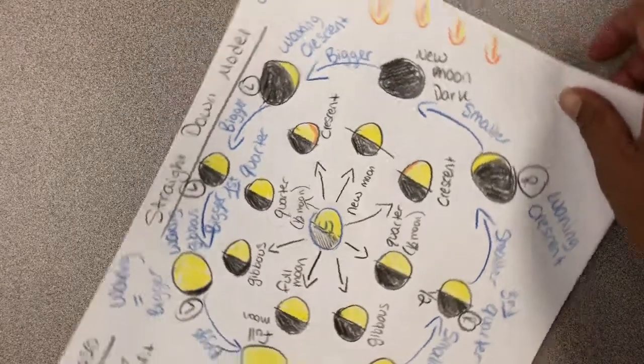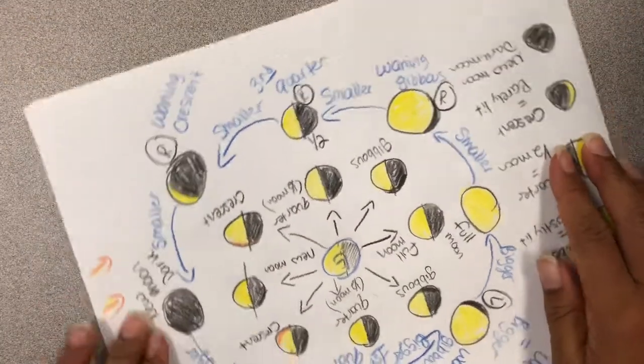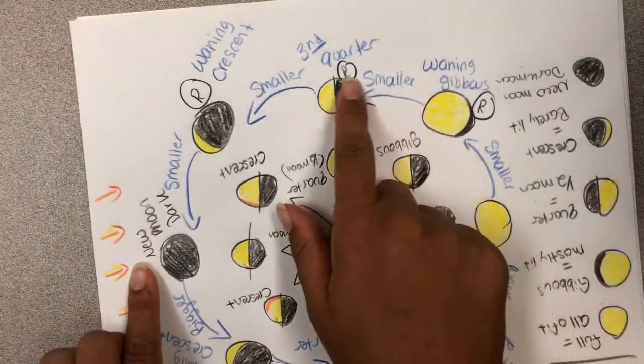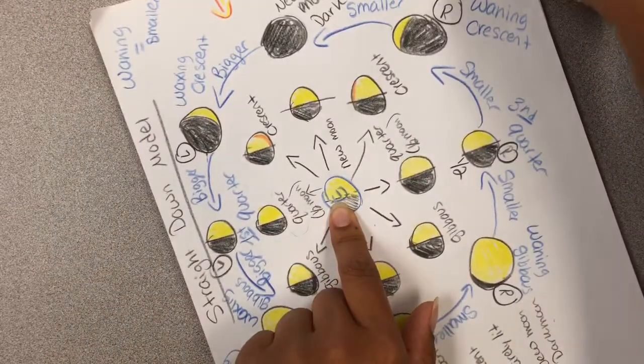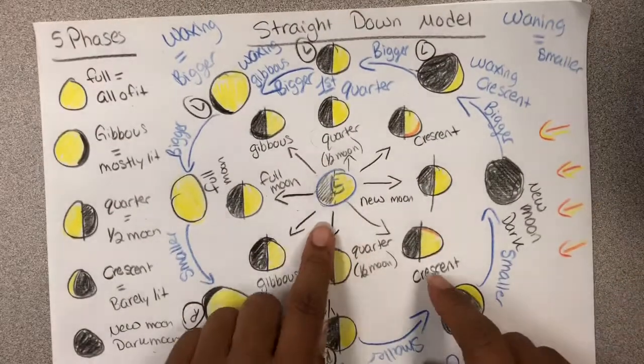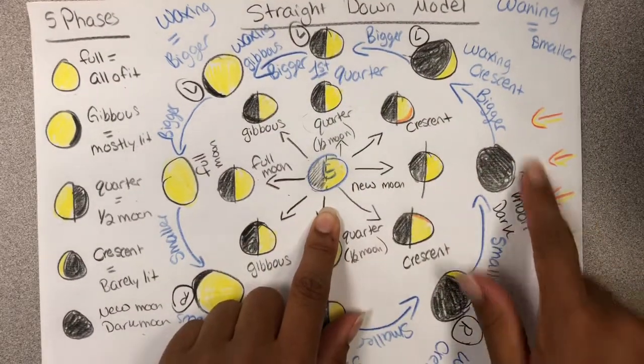Waxing, moon is getting bigger. The left side of the moon is dark. Waning, the moon is getting smaller. The right side of the moon is dark. And that is the different phases of the moon based on Earth's perspective from the moon's location relative to the sunlight.